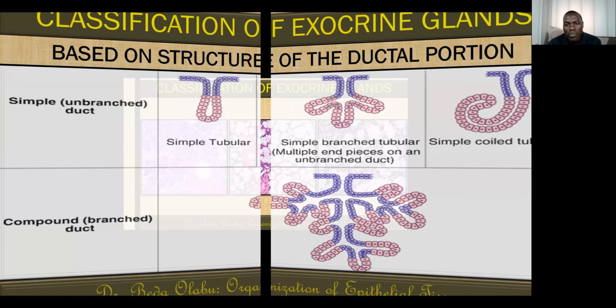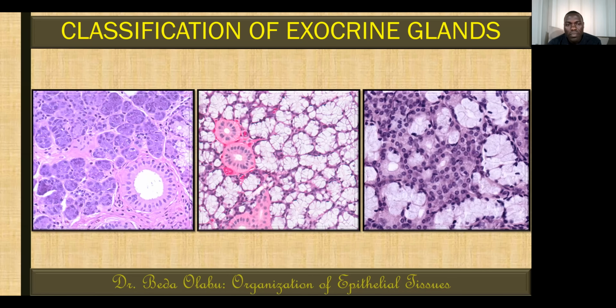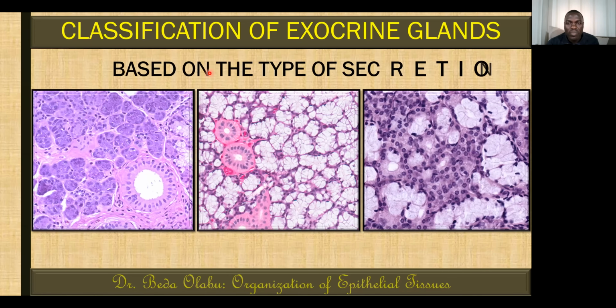The third concept we use to classify exocrine glands is based on the type of secretion that they give. Now, some of you asked this, and I want to clarify it even here. When you look at these three images, you'll notice that they are made up mainly of acini. You remember, I've just told you how an acinus looks in cross-section.